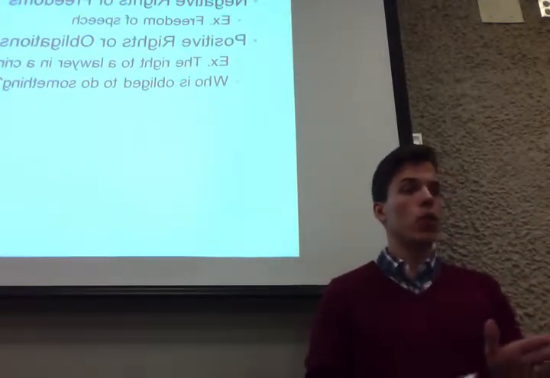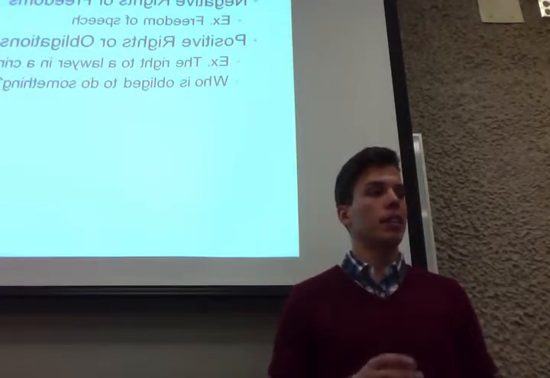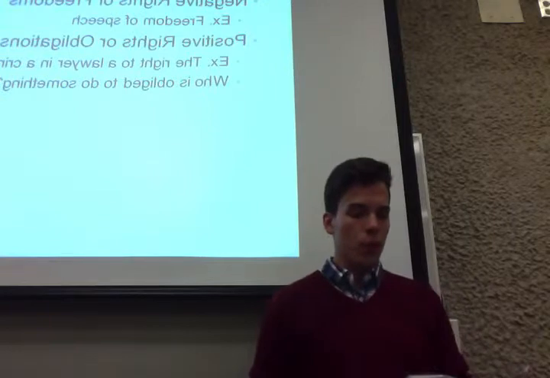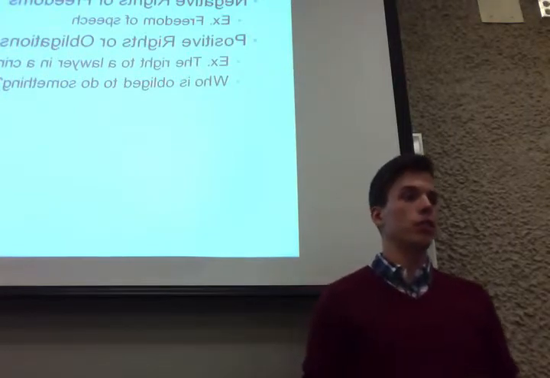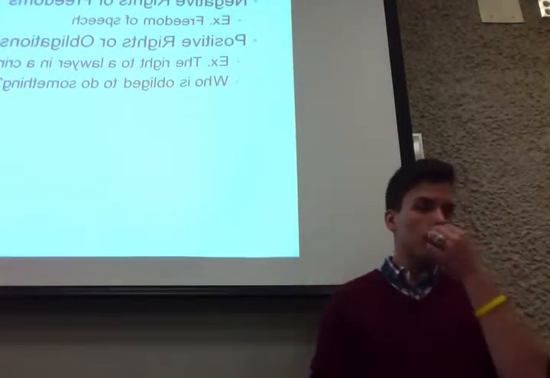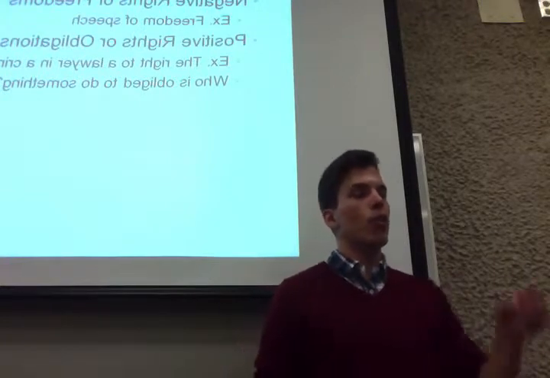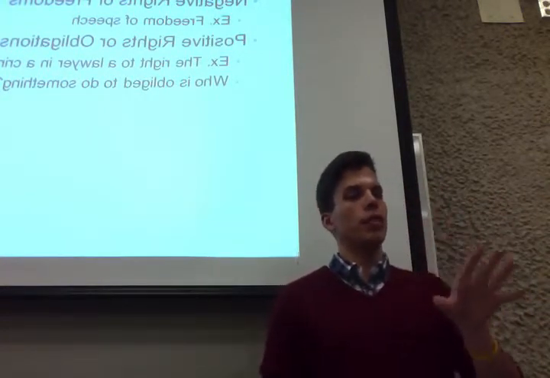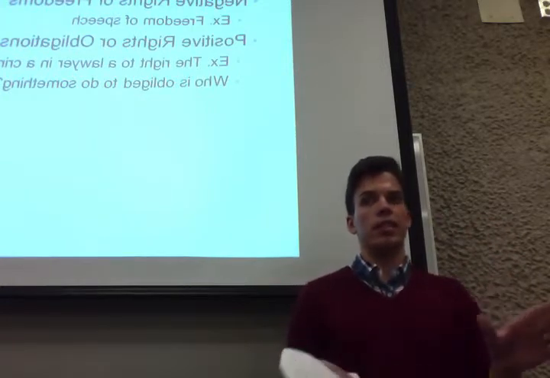A positive right or an obligation is something that you can't just simply do by yourself, that you have a claim or an obligation out there in the world to get somebody to do something for you. So the right to a lawyer in a criminal trial if you can't afford one. You have a claim on the state to provide a lawyer for you when you can't do it yourself. That's a positive right. So is that distinction clear?